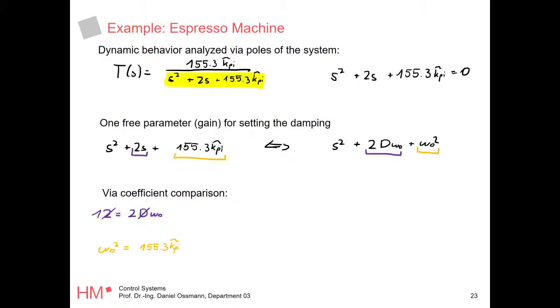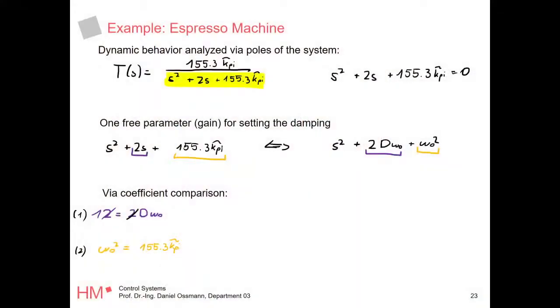Okay, still we now have two equations but three unknowns, right? This is our first equation, this our second equation. So we don't know omega 0, we don't know d, and we don't know our gain. So what happens now? Well, we have two equations and three unknowns, but one of these unknowns we are free to choose, right? We are free to choose the KPI, but we're not going to choose it arbitrarily.